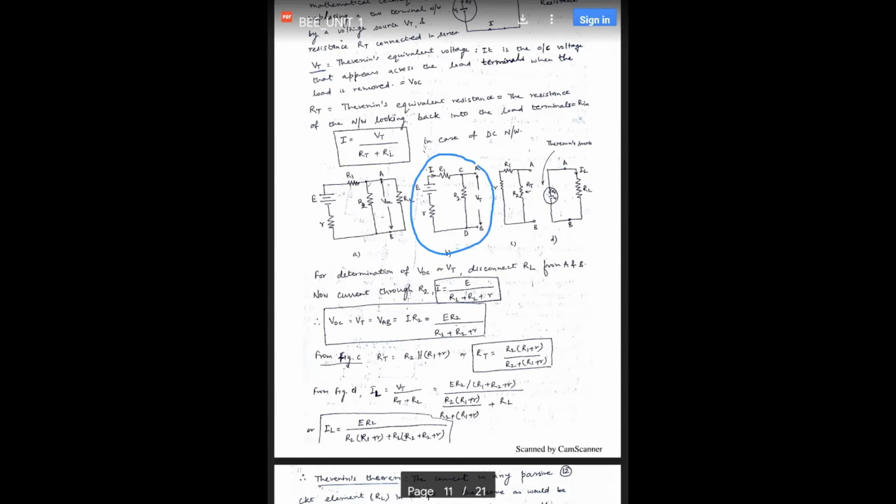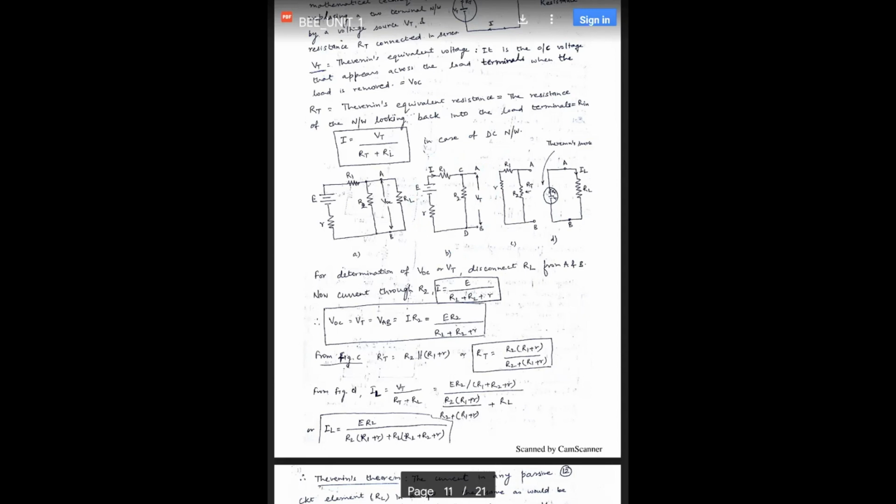So here R1 and R2 now become in series because this is open circuit. Whenever there is an open circuit, it means that it has infinite resistance. So when it has infinite resistance, current will not flow from C to A or towards the load because it is open circuit.